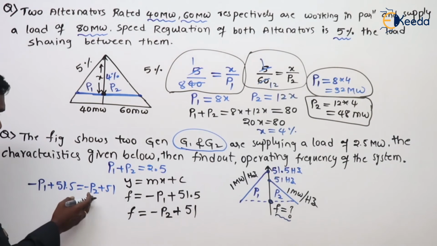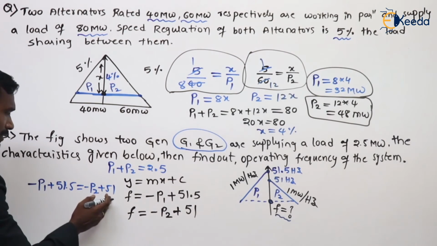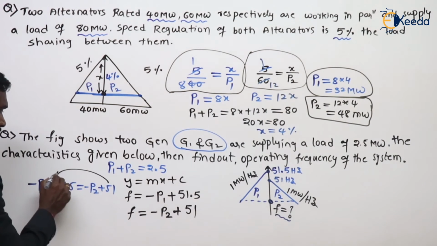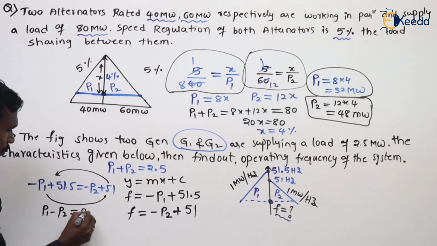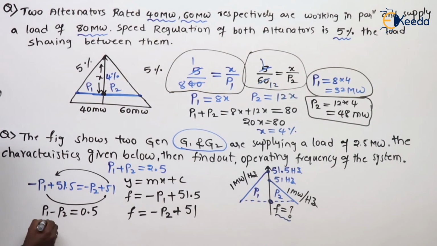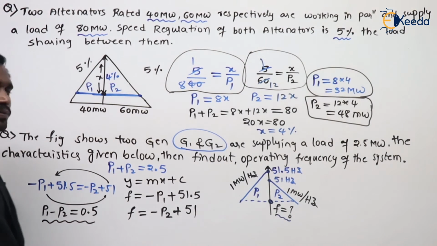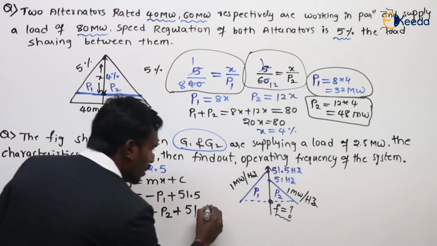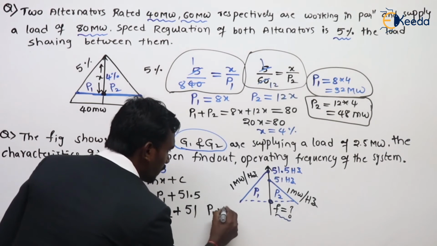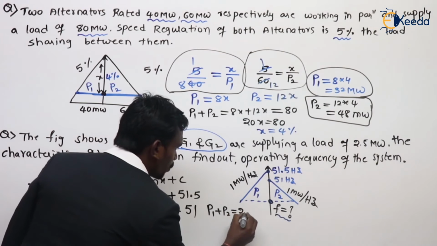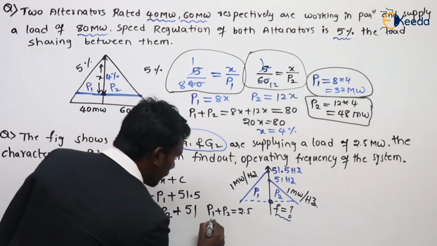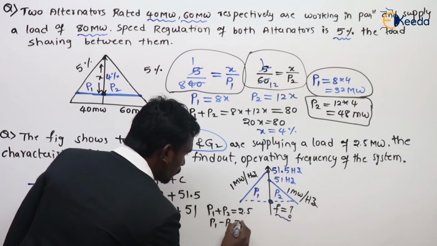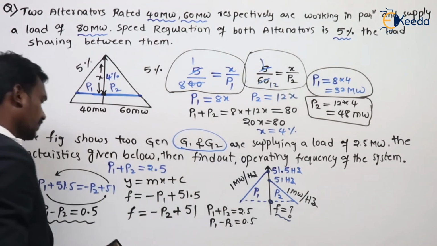If P1 comes to this side and 51 comes here, P1 minus P2 is equal to 0.5. This is the other equation. We have two equations. One equation is P1 plus P2 is equal to 2.5. The next one is P1 minus P2 is equal to 0.5.